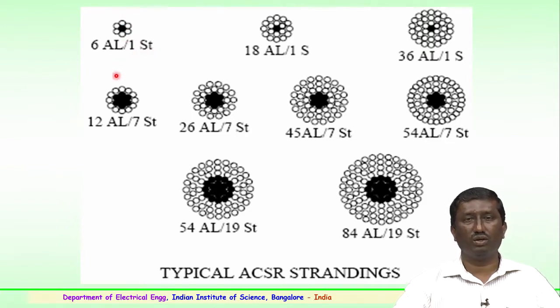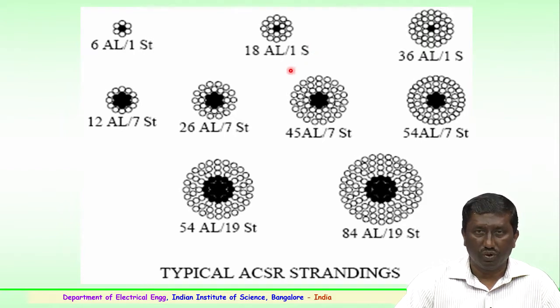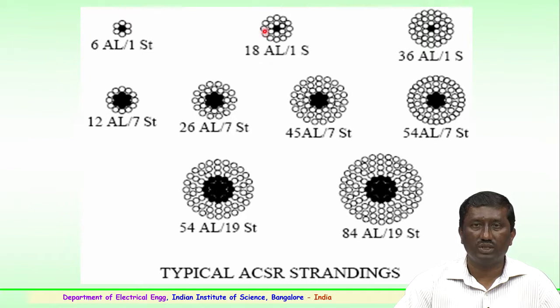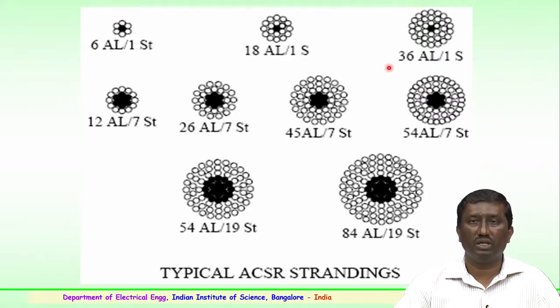So, this is the nomenclature. Similarly, you could have one steel center conductor and 18 aluminum strands as shown here. Again a single steel conductor with 36 aluminum; depending upon the voltage requirement and the current carrying capability, the size and the type of conductors are used.